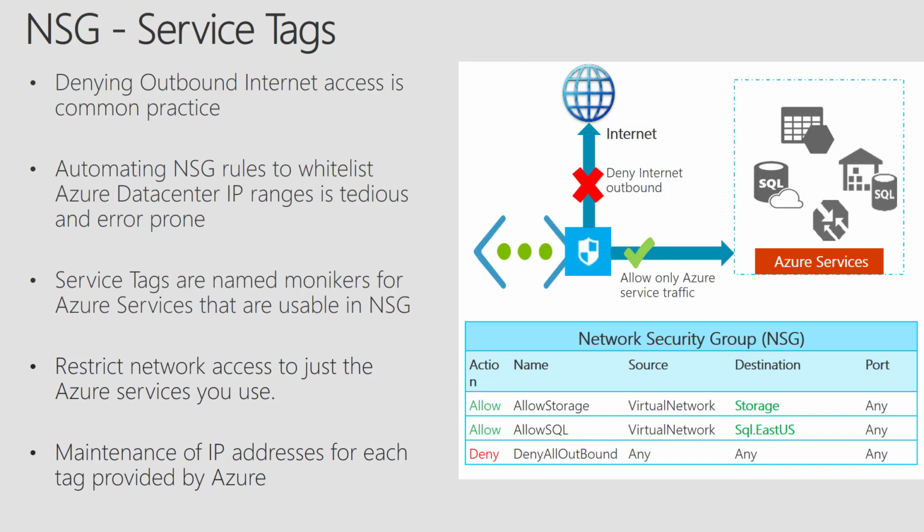In the past, the only option for organizations to achieve this was whitelisting. They needed to download an XML file that contains a list of Azure data center IP address ranges, and then use scripts to automate the process and create a whitelist in network security group rules to say block every other IP except these IPs.